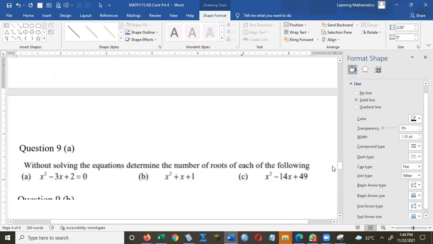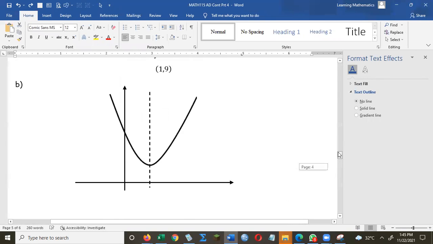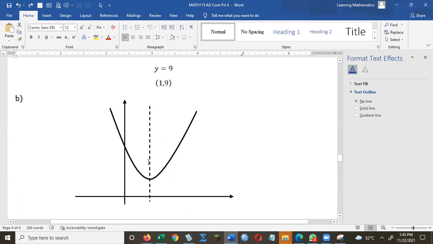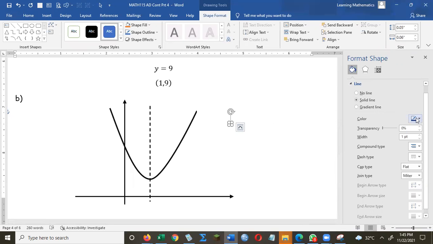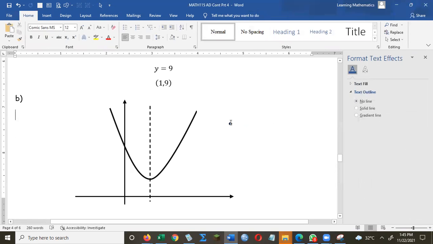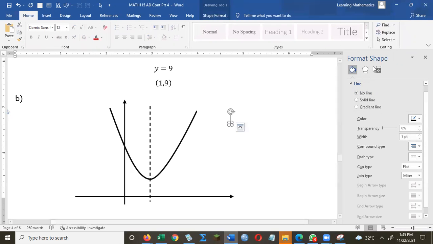And we are going to label. First of all, we have 2 important points to indicate.